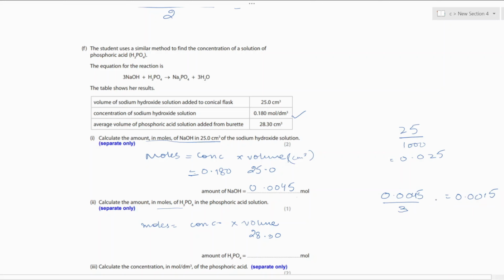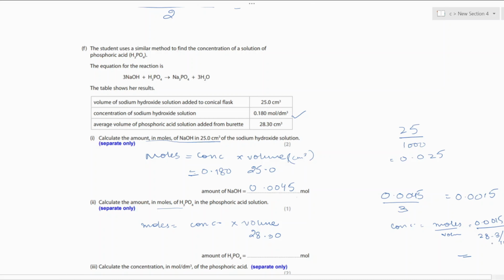Okay, so then we have to calculate the concentration. Wait, the amount in moles. Okay, wait, it's moles already. The concentration is moles by volume. So moles is 0.0015 and the volume is 28.3, and when we divide it by 1000 we get the cubic decimeter. This is the concentration.